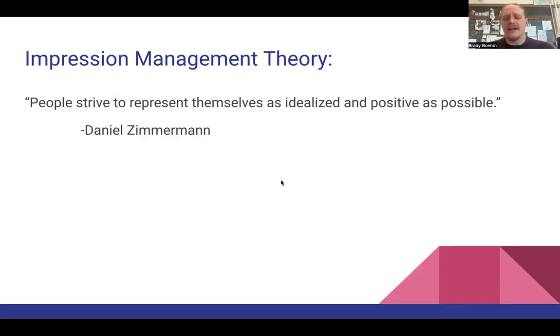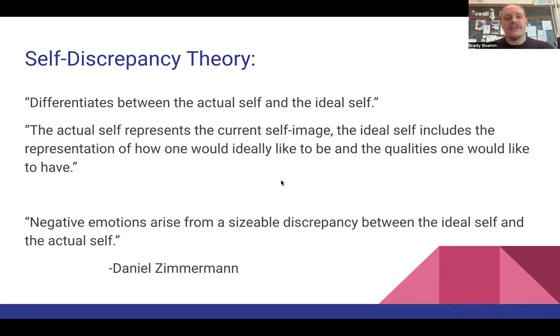Another theory, other than impression management theory, is self-discrepancy theory, which Zimmerman also introduces. This is the idea that there's a difference between our actual self and our ideal self. The actual self is who you really are today, and the ideal self is who you wish you were, whether smarter, more confident, more attractive, or more successful.